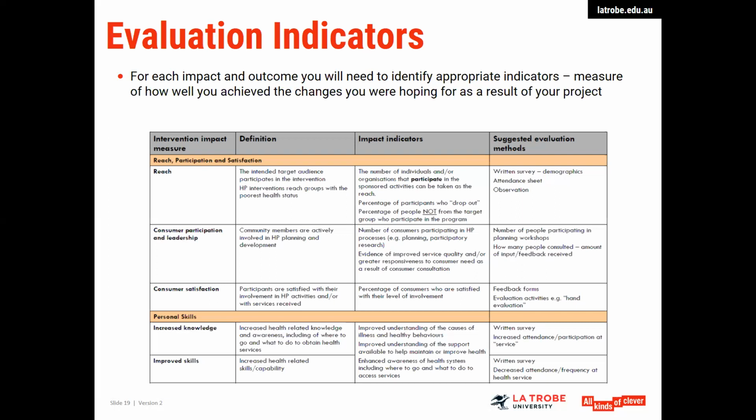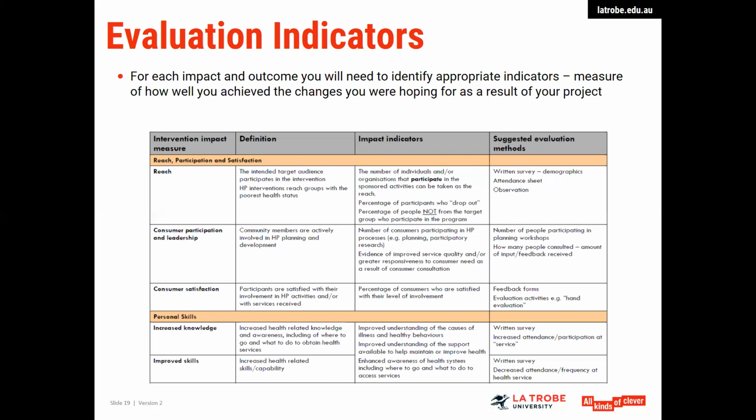So some of the impact indicators might be measuring improved understanding of causes of ill health and healthy behaviours. Maybe it's around improved understanding of the support available to help maintain or improve health, or enhanced awareness of health systems, including where to go and what to do to access services.